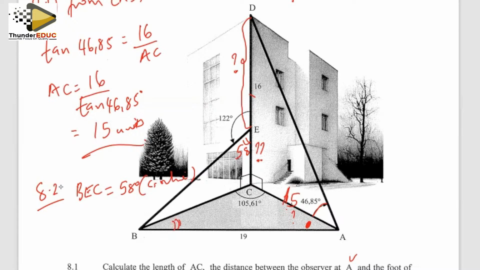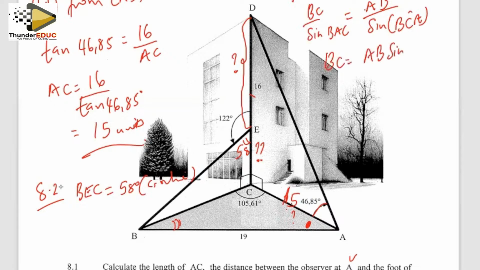I'm looking for a side, which is BC, over the sine of BAC, should be equivalent to AB over the sine of BCA. So BC is going to be AB times the sine of BAC, over the sine of BCA. My AB is 19, and I'm multiplying it by the sine of BAC.